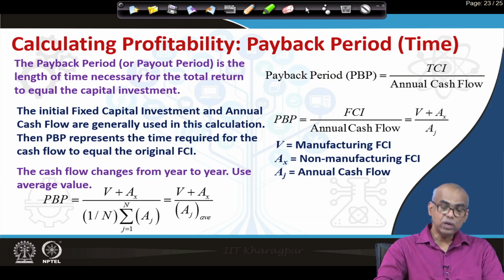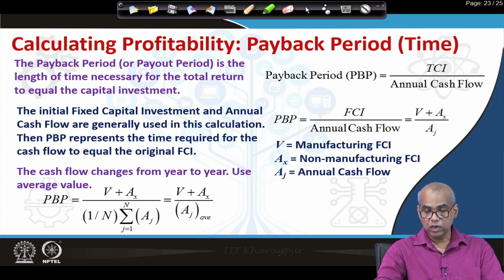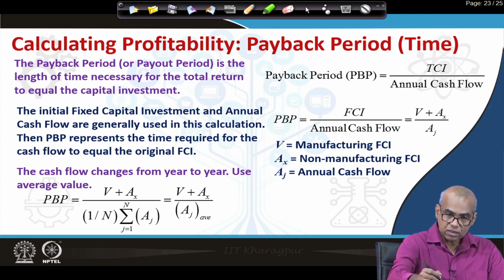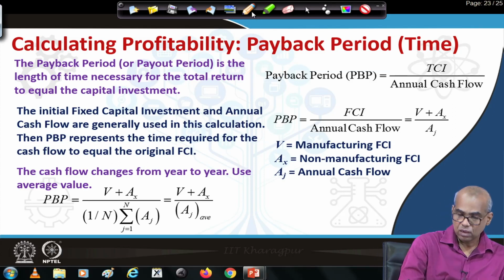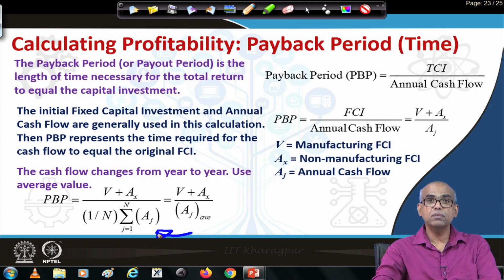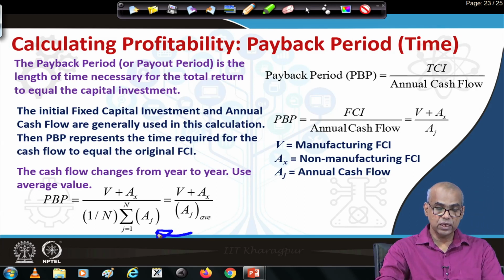Now, the annual cash flow will generally change from one year to another. So, under such a situation, we can use an average value for the annual cash flow. What we do is, the annual cash flows are summed up for all the years j equal to 1 to capital N, and then divided by the number of years n.